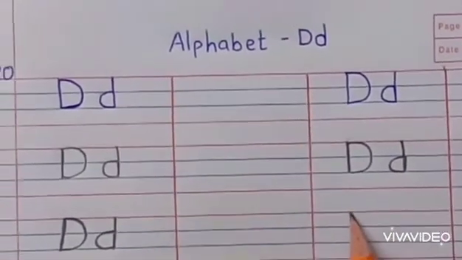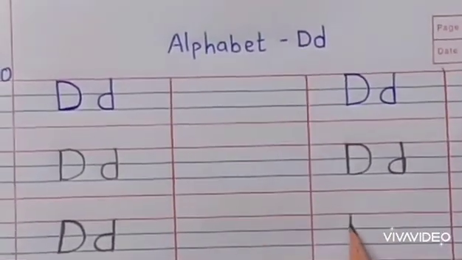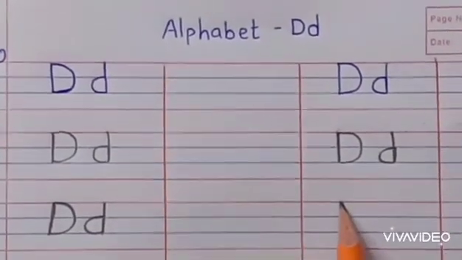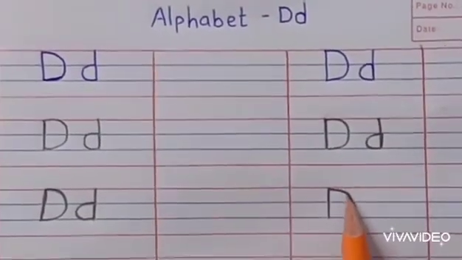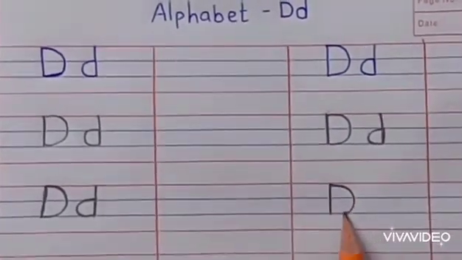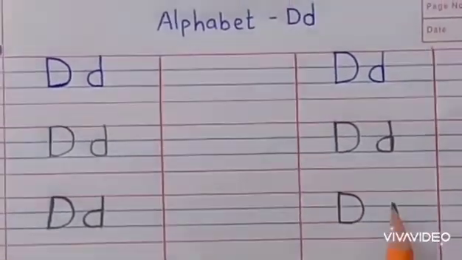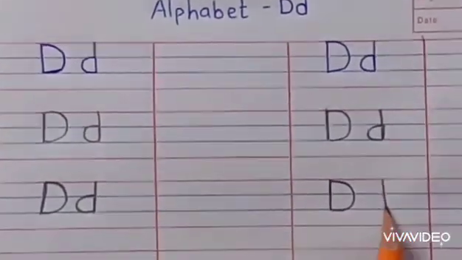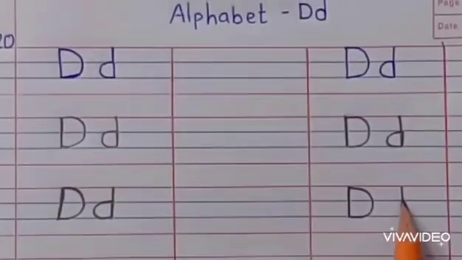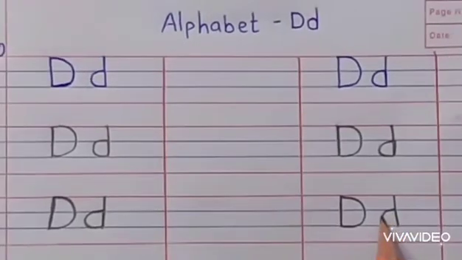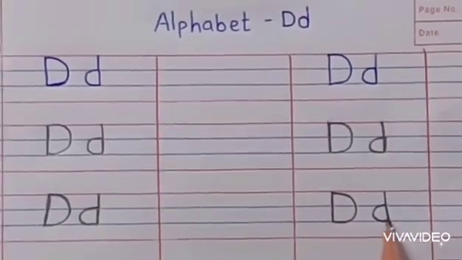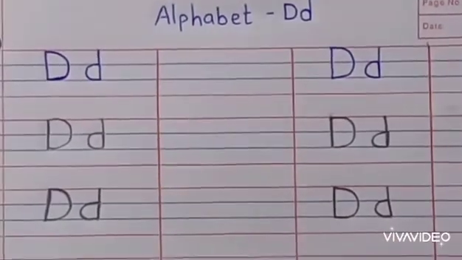Again we will write capital D. Start from first red line, go standing till second blue line, then go up again on it, and from first red line to second blue line, make a reverse C curve. Now small d. From red line to second blue line, make a standing line, go up till the first blue line and make a C curve and touch the second blue line.